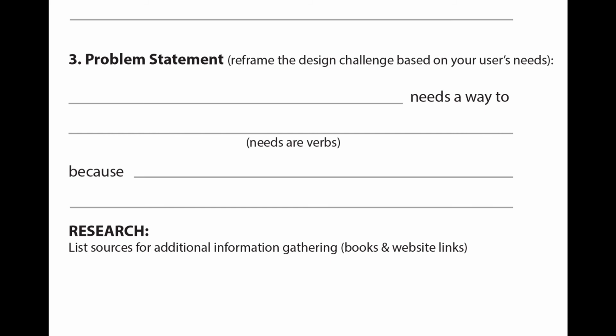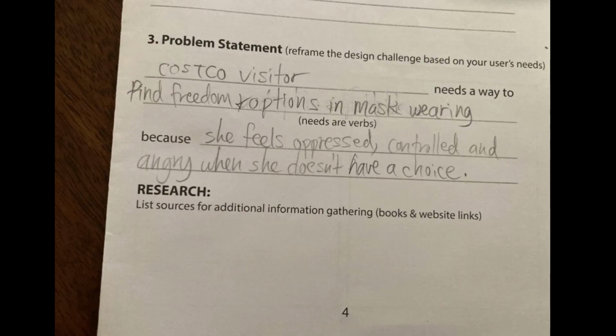It could be yourself. It could be a field worker, an athlete, a healthcare provider, whatever you choose to focus on. Since we're focusing on the example of this particular video, I'm going to just say here, Costco visitor needs a way to, and then we need to put in a verb there.